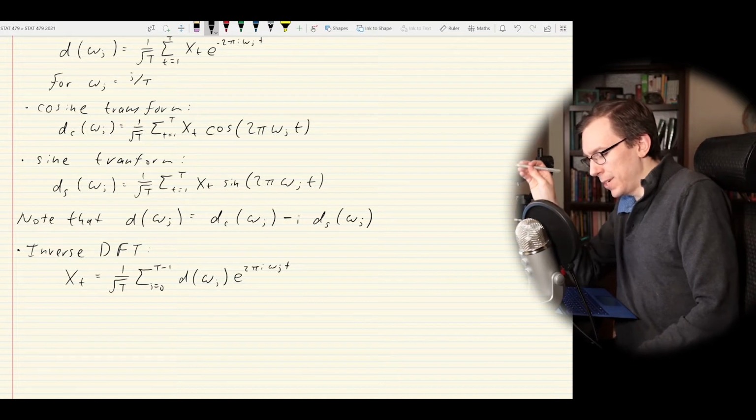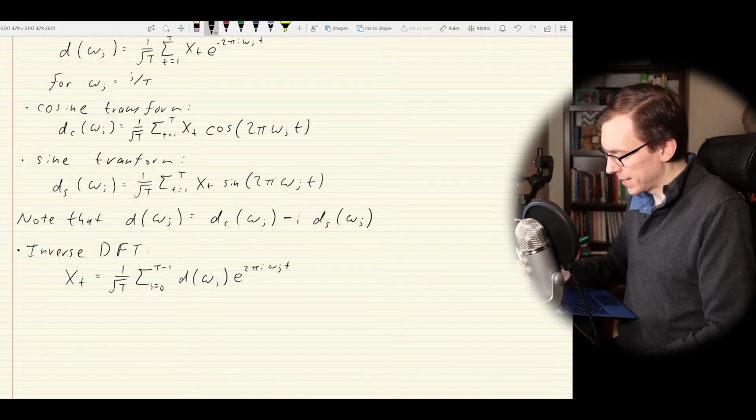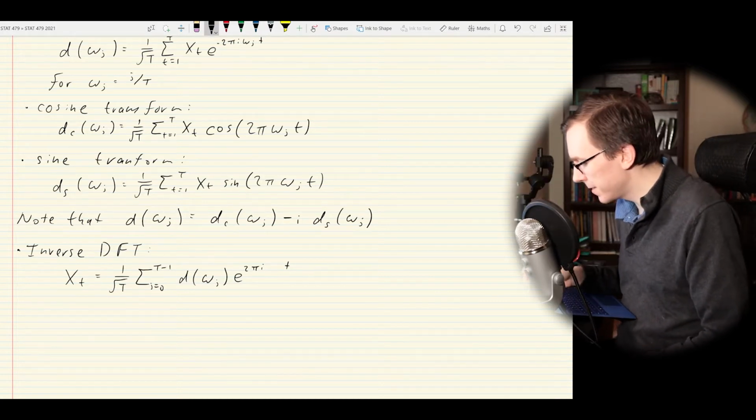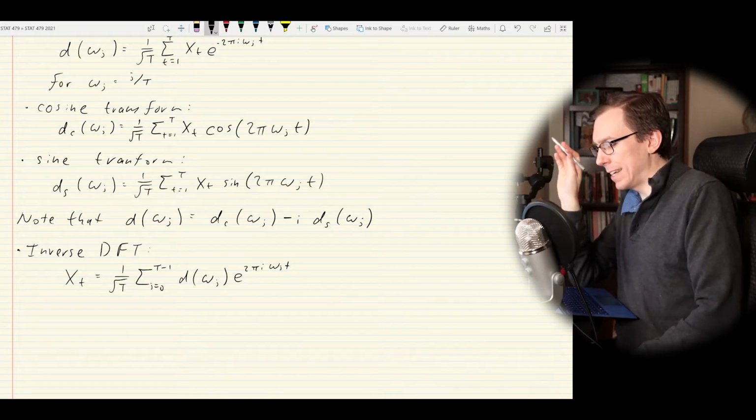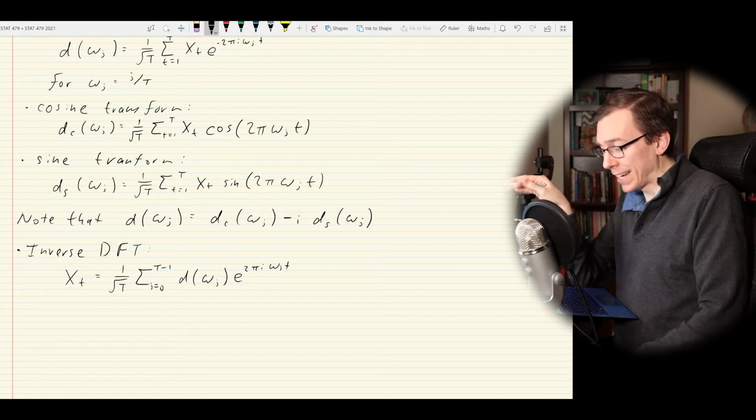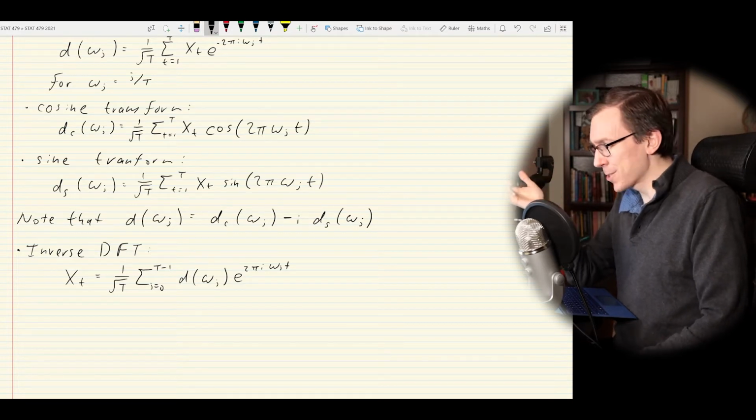In this case, this is omega sub j, just to make sure that's clear, omega sub j times t. And here we don't have a minus sign, again, because it's the inverse transform.